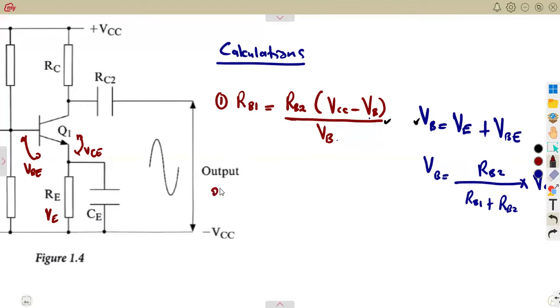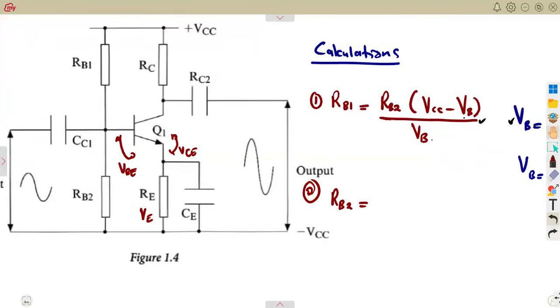Also on this part of our voltage division, on these voltage divider resistors, we can see that we also have RB2. So RB2 can be calculated, which is part of the voltage division also. RB2 is stated to be 1/10 of the current gain times RE, which is our emitter resistance.